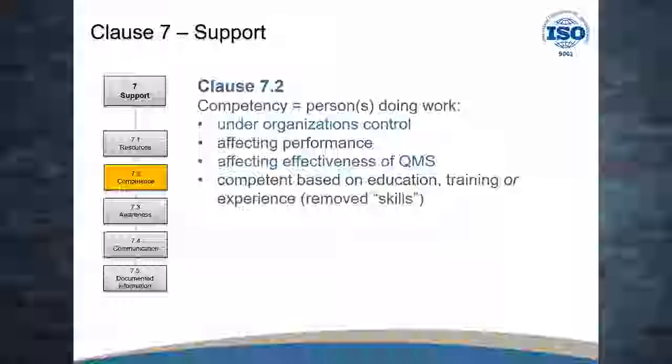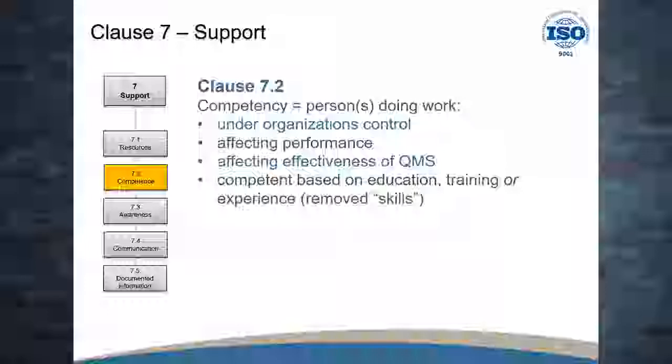Anybody that is under the organization's control, affecting the overall kind of performance or effectiveness of the QMS, those folks need to be competent based on education, training, or experience. So this word "or" is in there, meaning that you could hire someone that is completely experienced and that individual is more than competent to do the job, or hire someone at a certain education level.